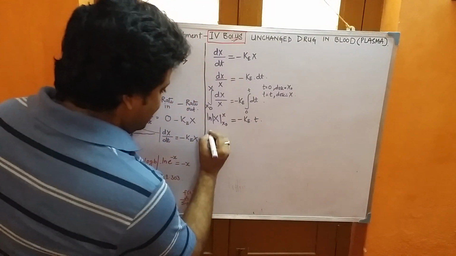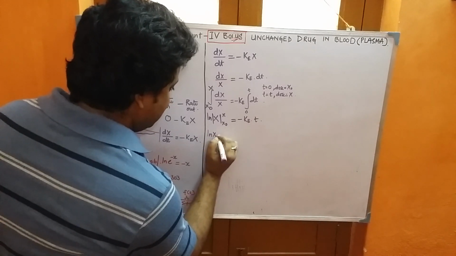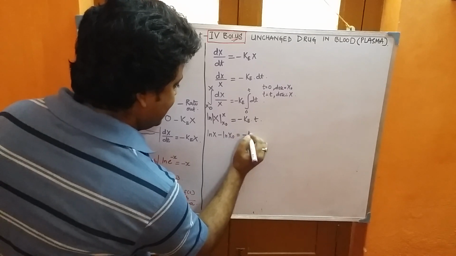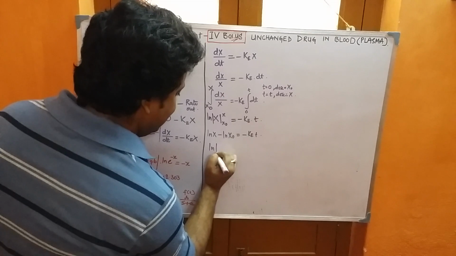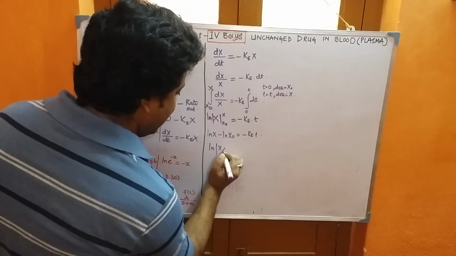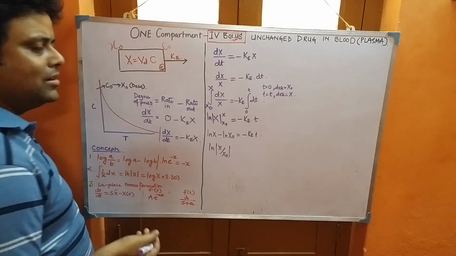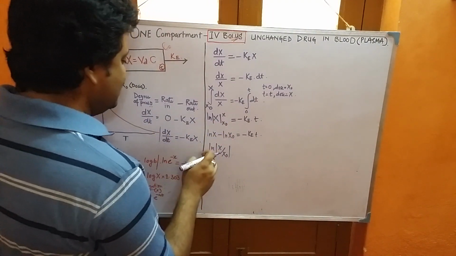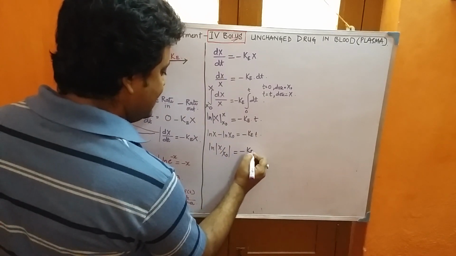Now this is, as we see, ln x minus ln x naught equals minus Ket, or we can write ln x by x naught. So it is similar to your log: ln A minus ln B equals ln A by B equals minus Ket.